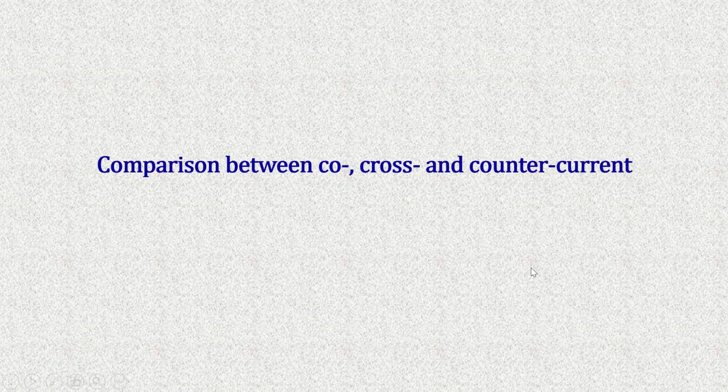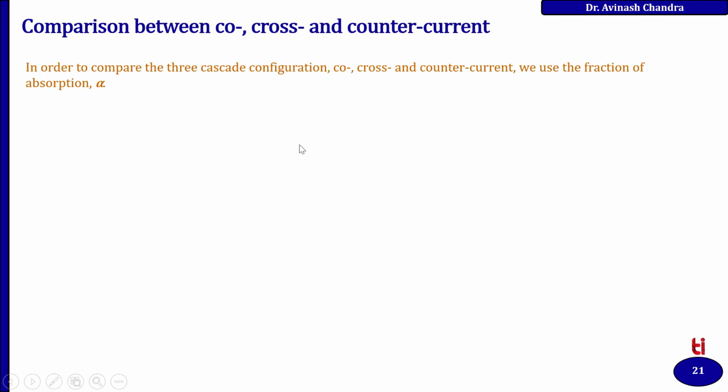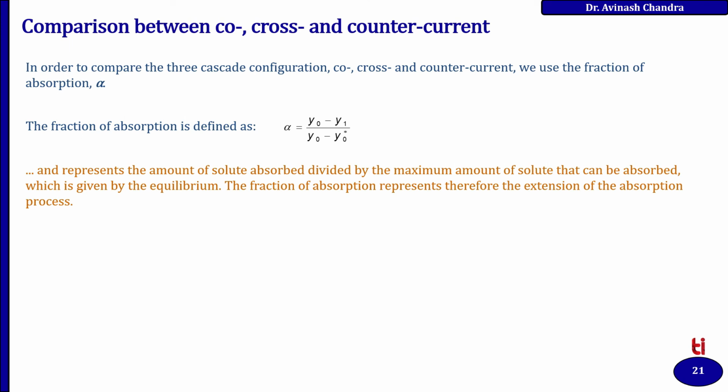Now the comparison between the co-current, cross-current and counter-current cascades. In order to compare the three cascades, absorption is defined as (y naught minus y1) upon (y naught minus y naught star). It represents the amount of solute absorbed divided by the maximum amount of solute that can be absorbed, which is given by the equilibrium.